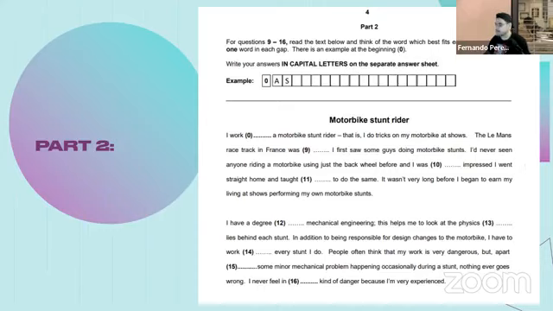Let me find you an article on this because it's very specific. Changes in meaning. This is a very, very specific topic.